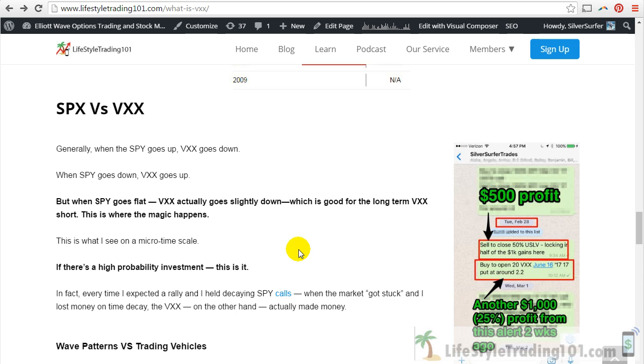VXX has what they call a roll yield effect, where for each day that goes by, we're in a contango environment, and you're buying high and selling low. You're buying that second month higher volatility, and you're selling the front month lower volatility, and you're losing value there. Each day the ETN does that.